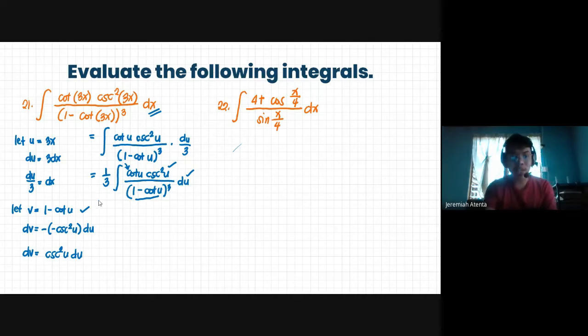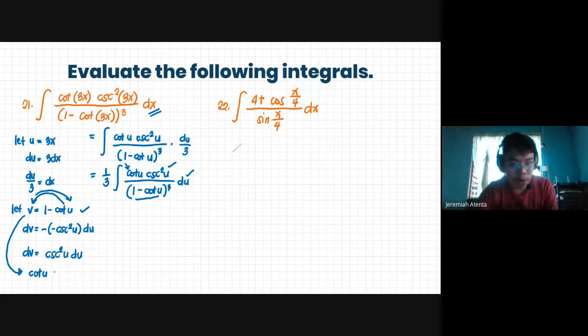It will follow that cotangent u, if I move it to the other side, and v to the other side, this will become cotangent u equal to 1 minus v.